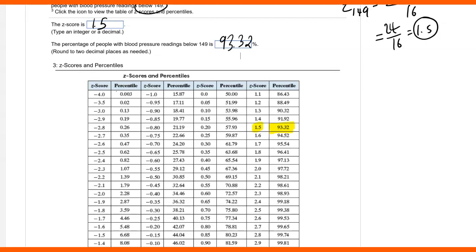In other words, 93.32% of people have a blood pressure reading below 149.